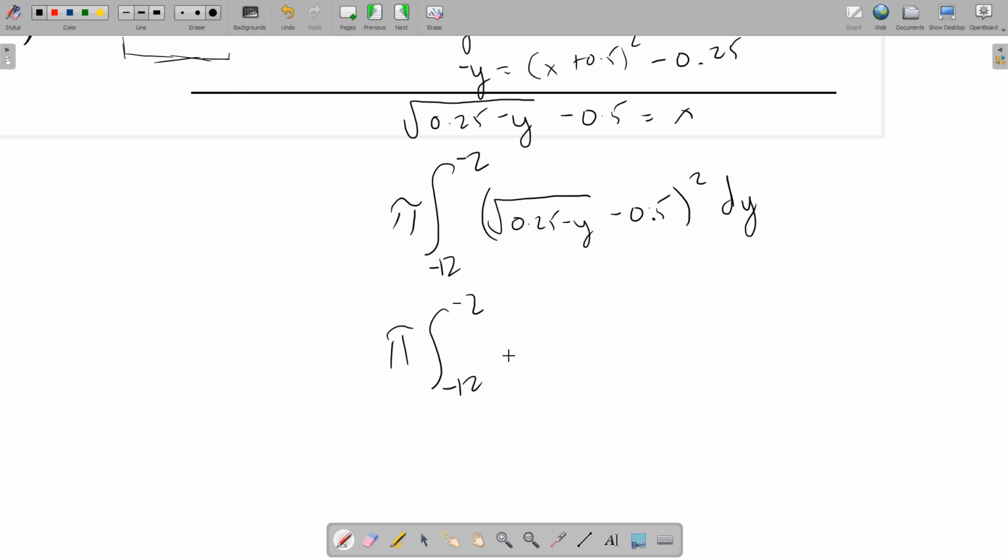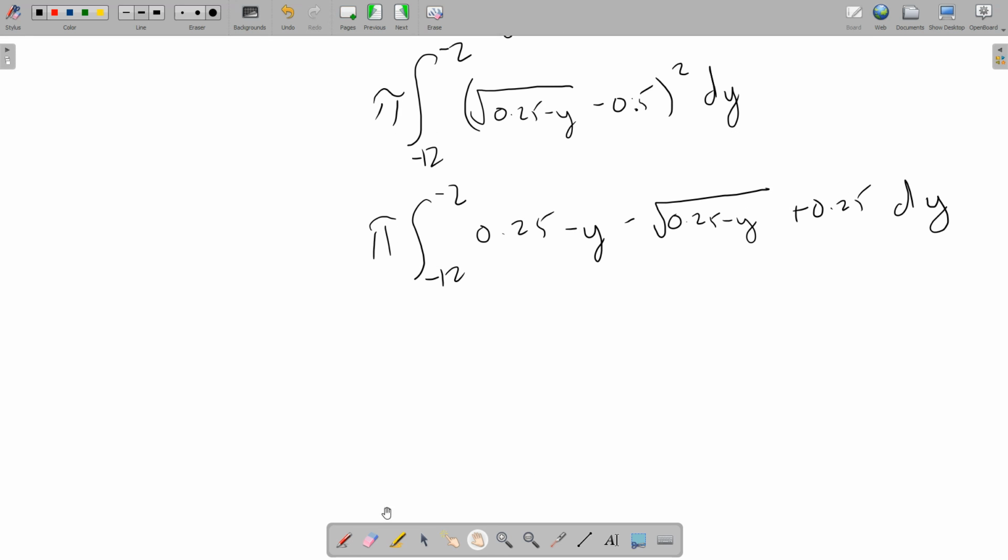So I'm going to square this, and when I distribute it, the square root squared will just cancel. Minus, so I'll get 0.5 of that and 0.5 of that, which is just going to add to 1. So I'll just have 1 of this, 0.25 minus y, and then 0.5 times 0.5 will give me positive 0.25, dy. And then I see that I've got 2 constants here that I can add together.